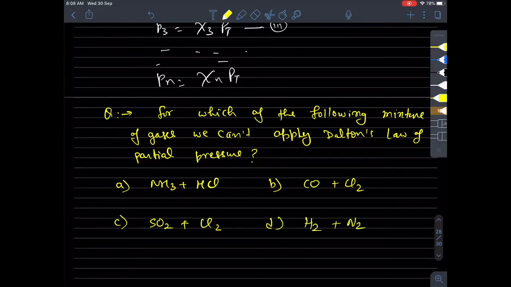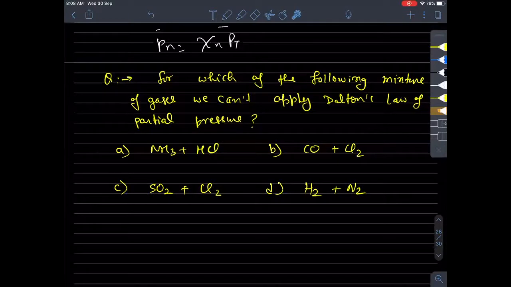Right, understood. It is applied not at very high temperature. So the correct answer for this will be, would you like to say anything? Any one of you? Guys, am I audible? Yes, sir.